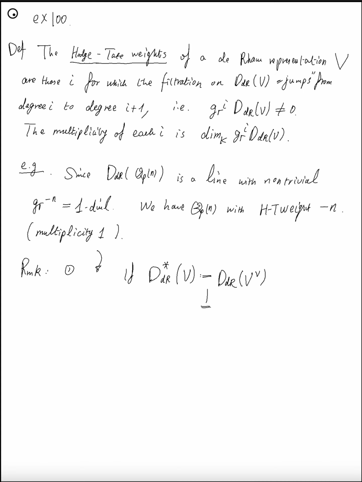The definition is actually to use the Hom functor. And if you use this, then the Hodge-Tate weight becomes positive with multiplicity 1. This is the reason why sometimes people discuss Hodge-Tate weights differing via a minus sign.